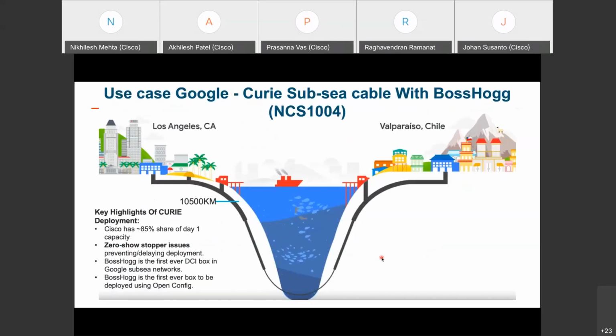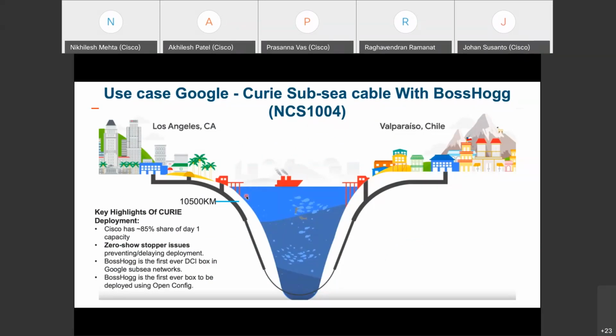Now coming to the use case where NCS 1004 is highly deployed currently: Google is our prime customer for this, where they are using it in the Curie subsea cable with the Boss Hog NCS 1004. Giving an introduction to this Curie subsea cable, it's a 10,500 kilometer long cable from Los Angeles to Valparaiso in Chile.